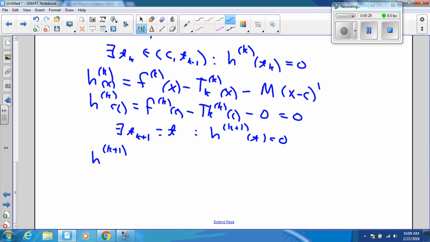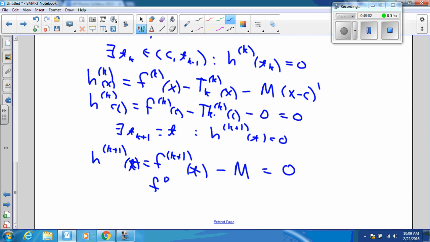So I compute the k plus 1 derivative, and here's where the k plus 1 derivative of my Taylor polynomial is 0, because it's a k-degree polynomial. And the k plus 1 derivative of x minus c to the k plus 1 over k plus 1 factorial is just 1.